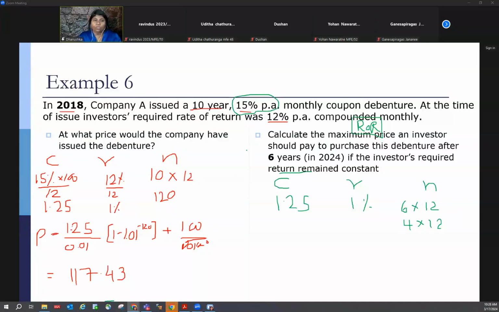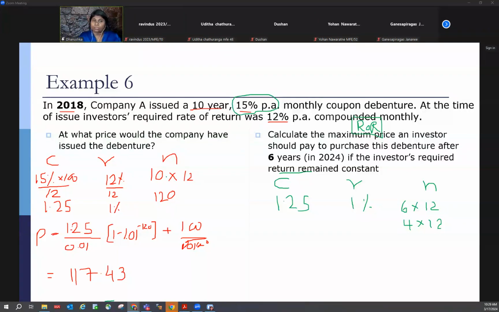What is 4? 4 is 10 minus 6, right? It was originally a 10-year bond. So is N 6 into 12 or 4 into 12?